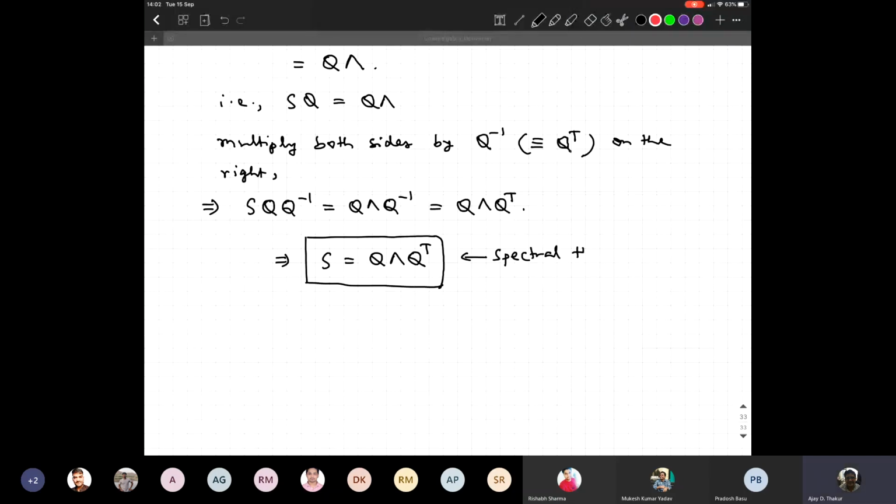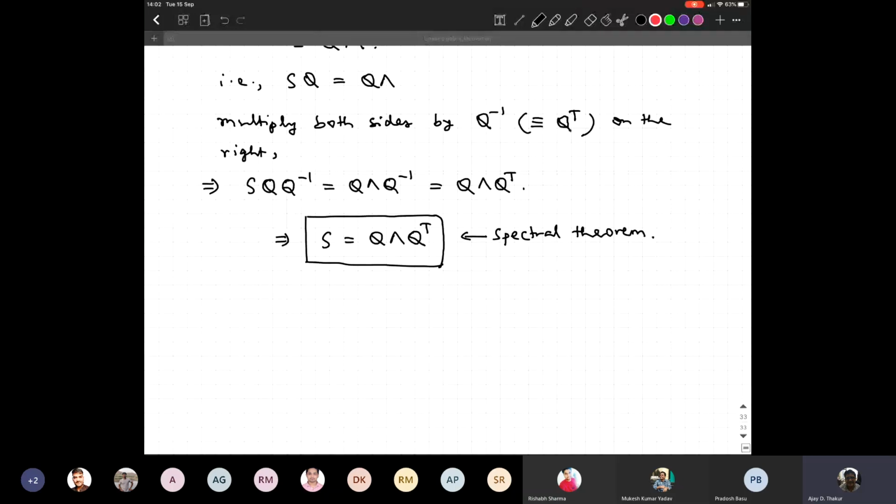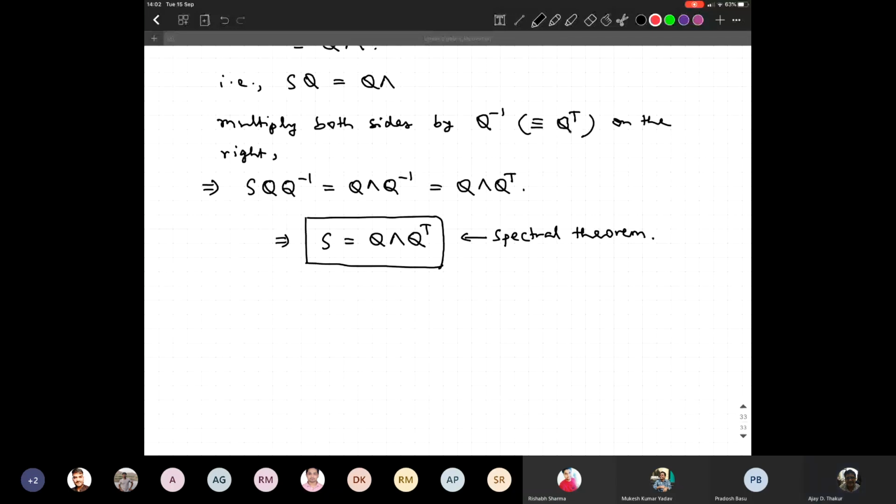Translated in the Dirac bracket notation, this is equivalent to writing S equals the sum over i of lambda i times the outer product of the corresponding eigenvector with itself.